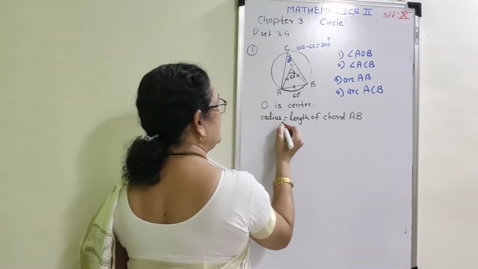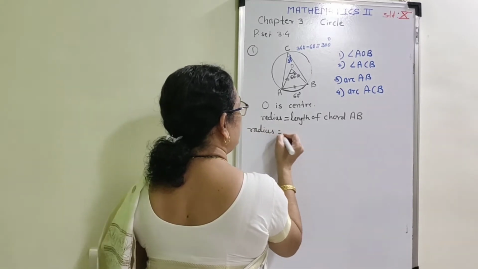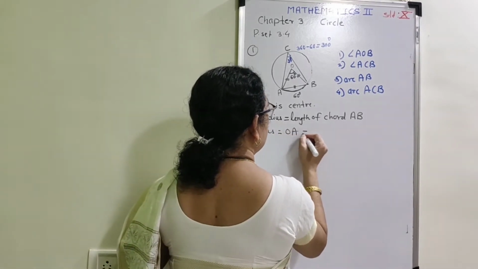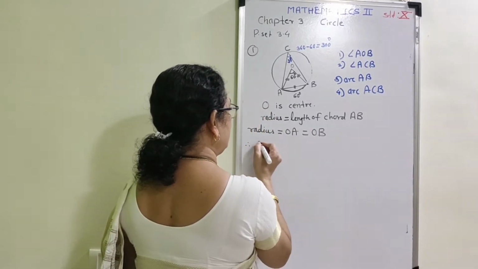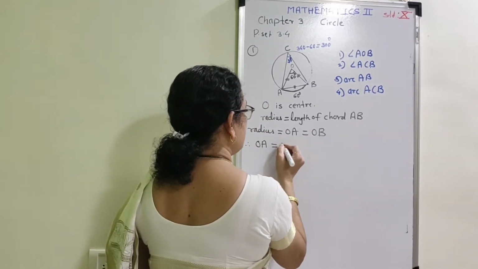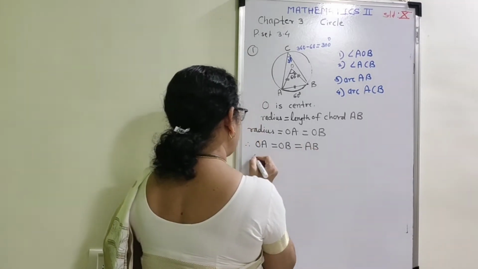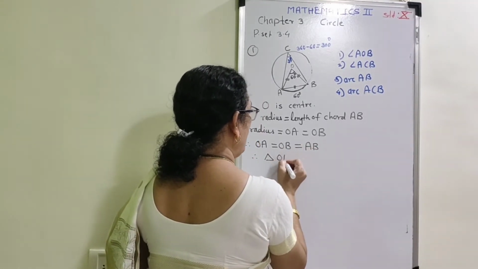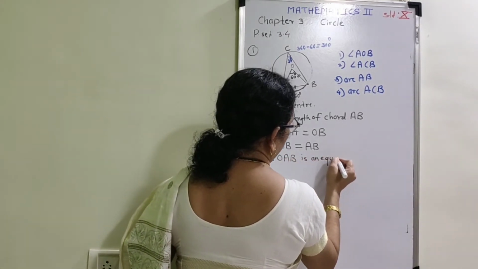Also, radius is equal to OA, and that is equal to OB. Now therefore we will get OA equals OB equals AB. Therefore triangle OAB is an equilateral triangle.